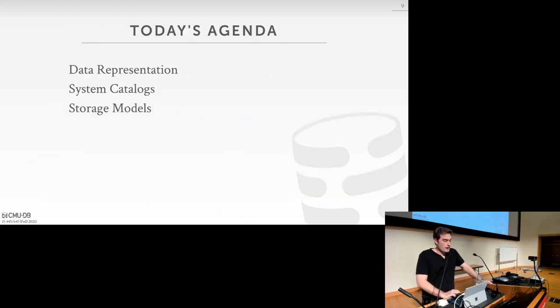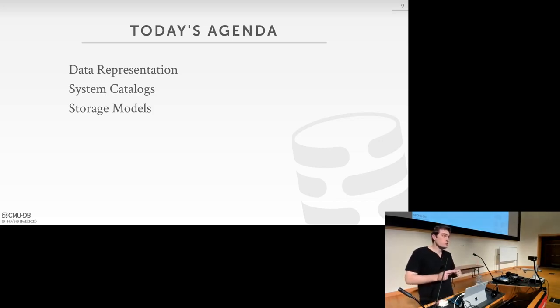Okay, so that's it for page-based storage. We looked at, again, the slotted page-based approach and the log-structured approach. So that's it at the page level. Now we're going to move on to the next level down, which we started talking a little bit about last time, the data representation at the level of the tuple.